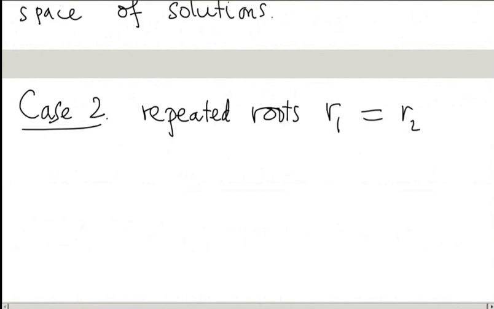We will be interested in how many times a root is repeated, so we should write r1 and r2 as well, even though they are the same value.